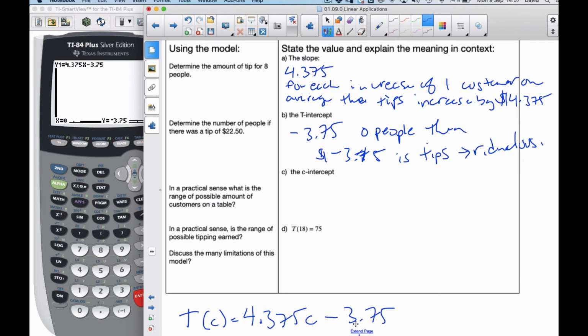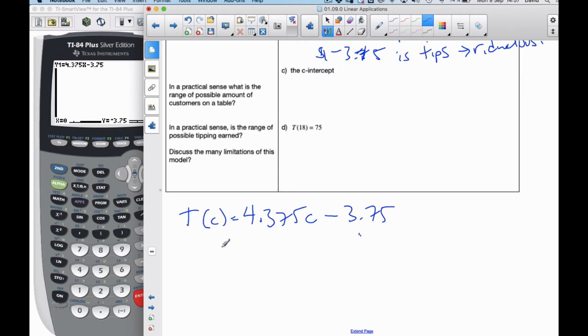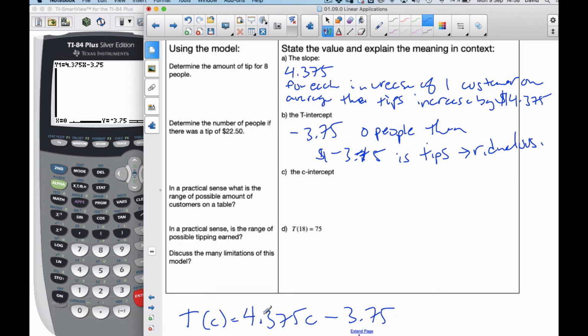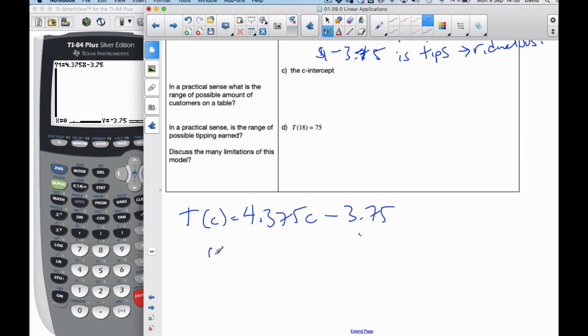If I want to find the c-intercept though, that means I'm going to make t 0. Because if I want the c-intercept, I'm looking for where it crosses here. And I know it's c comma 0 of some kind. And so I make t 0. I go 0 is equal to 4.375c minus 3.75.